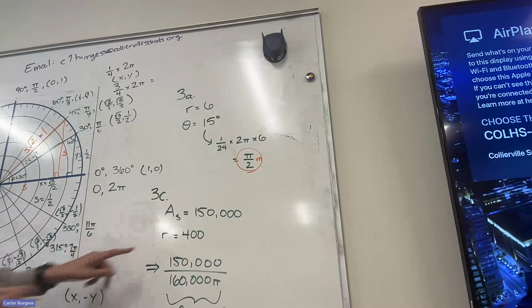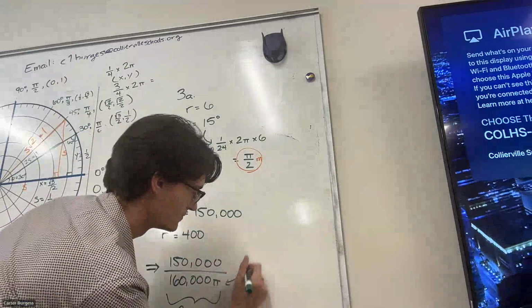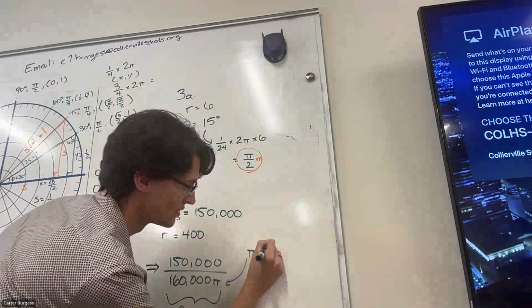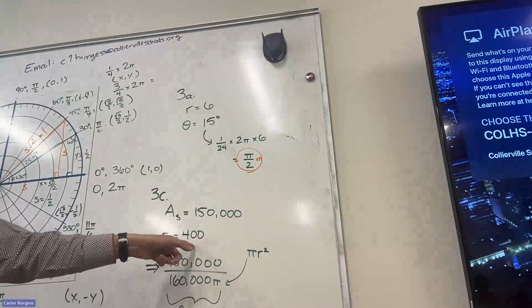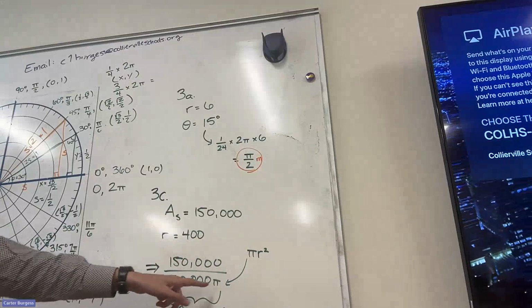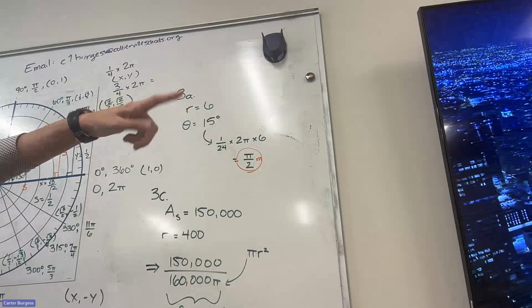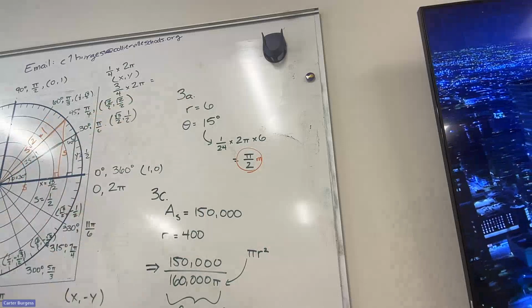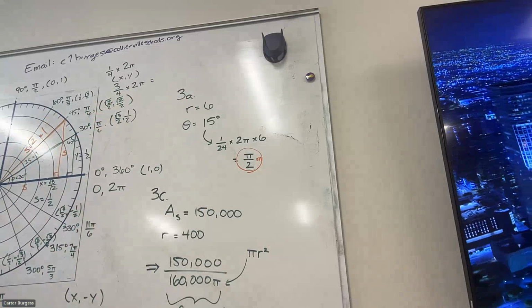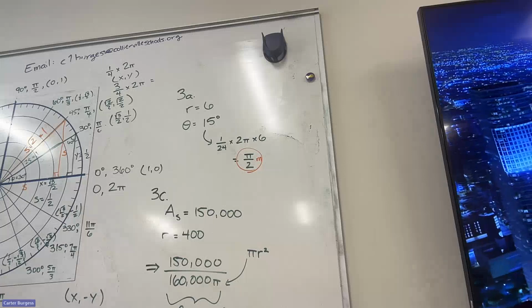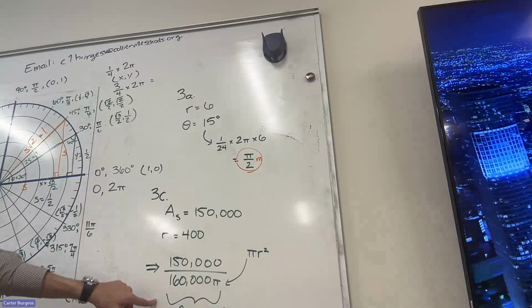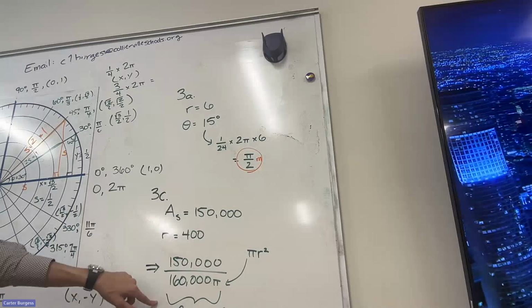That's pi r squared, where r is 400. So 400 squared is 160,000 times pi. Now notice this is slightly different than the formula that we're looking at up there. It's like a rearrangement of that formula. But either way, the prevailing logic is that we have found the fraction of our circle. It's about 30% of our circle.